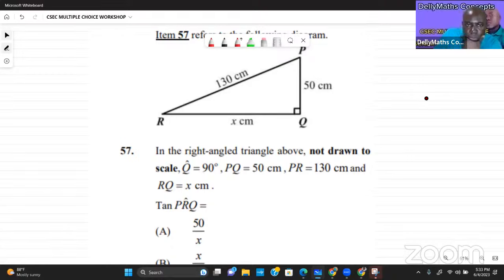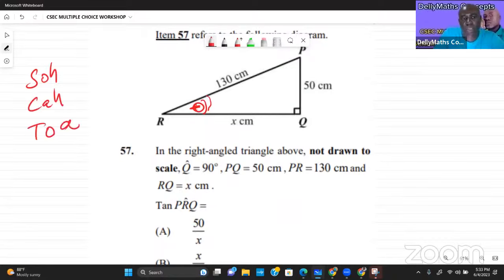Tan of that angle is what? Right here. What is tan? You're talking about tan, you're going to have to go back. Tangent, as you could see, is opposite side over the adjacent.